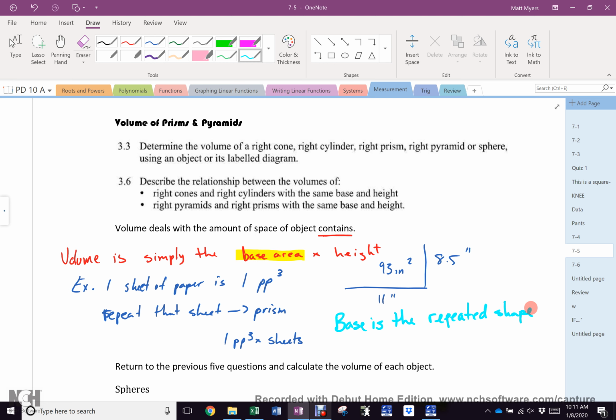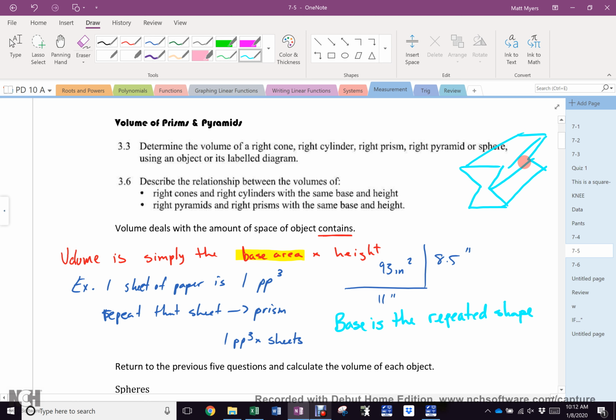Pi r squared times what? Pi r squared is the base area times what? However many times it repeats. All right? Whatever the base area is, the repeated shape might be a circle, might be a rectangle, might be a triangle, might be something weird. Yes? Might be this shape. That could repeat, couldn't it?